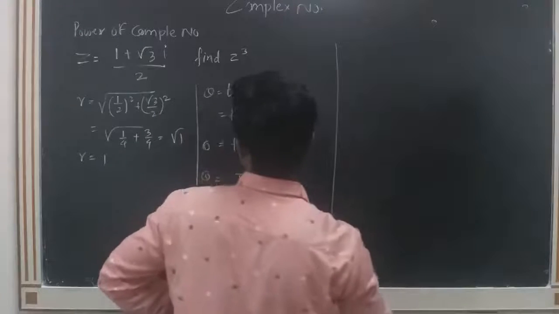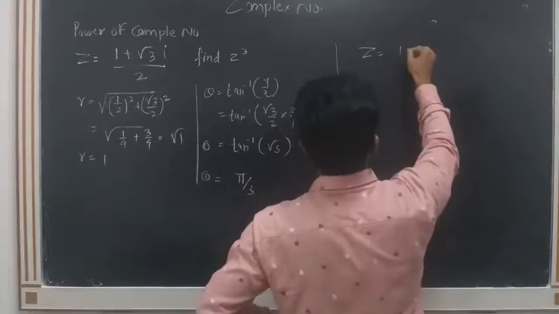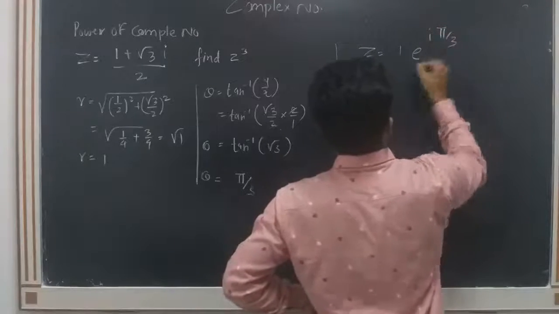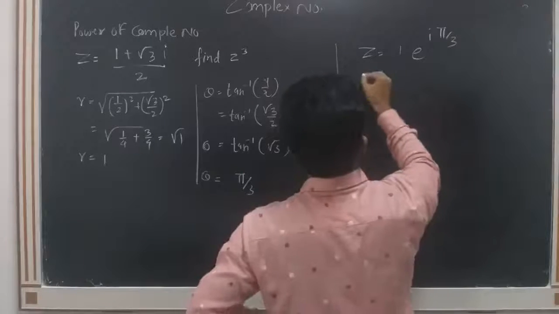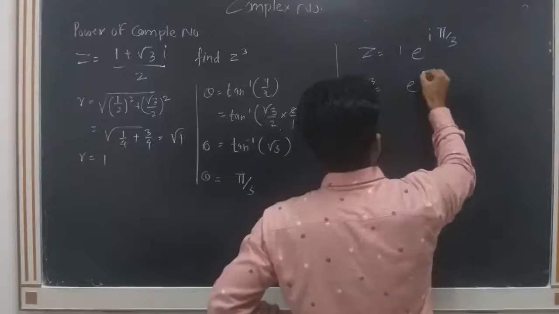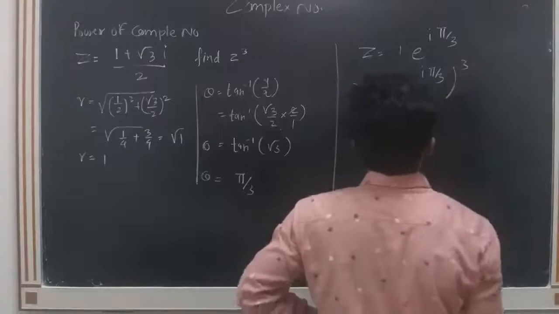Then we can find z is equal to r e raised to i pi by 3, and then find z cube. So z cube is equal to e raised to i pi by 3 raised to the power 3.